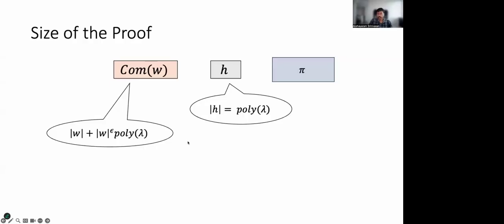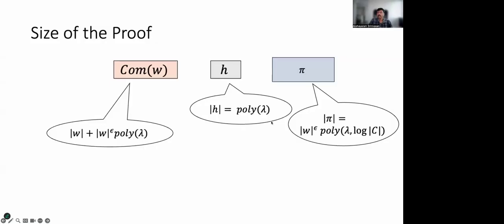We also ensure that the size of the digest is just poly in lambda, and the size of the batch argument, using some clever tricks, is witness to the epsilon times poly of lambda comma log c, because log c is because the batch size is c. Okay, so this is the size of the proof, and that is why we achieve rate 1.